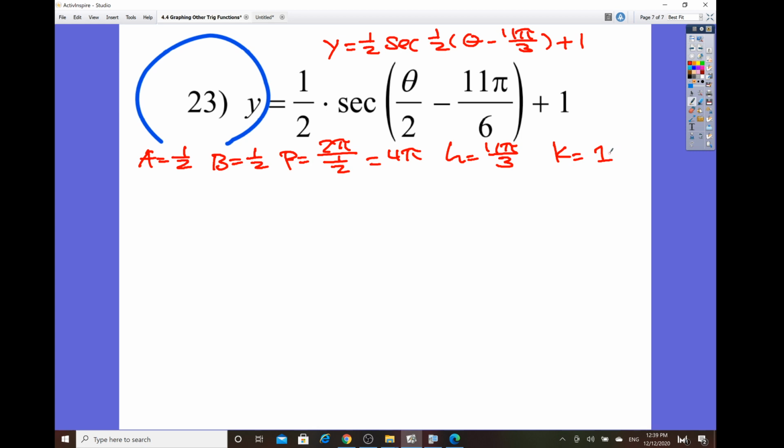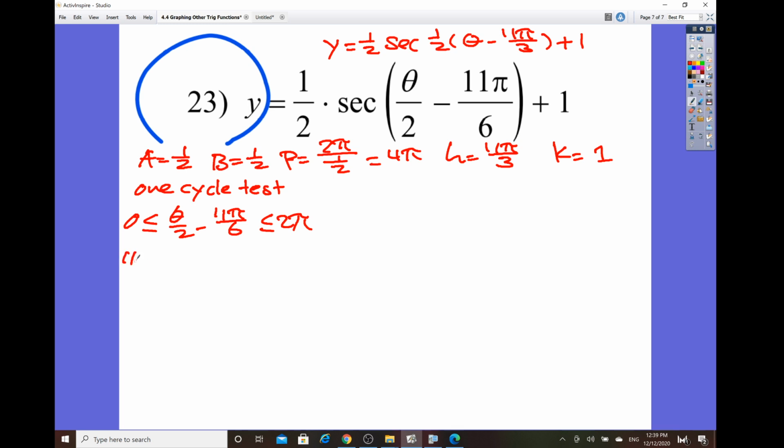So now without doing a one cycle test, this one is kind of difficult to figure out the initial position and the final position. So let's try the one cycle test. If that's a secant, that means we started at 0 and then finished all the way up to 2 pi. It's just like the one cycle test for cosine. And then putting theta over 2 minus 11 pi over 6, so add 11 pi over 6.